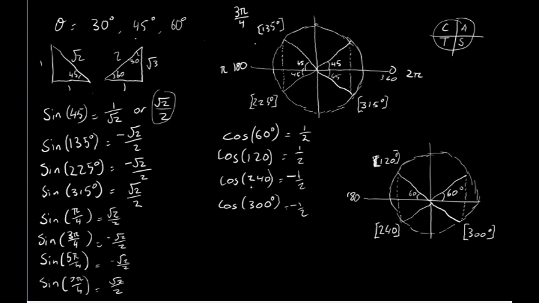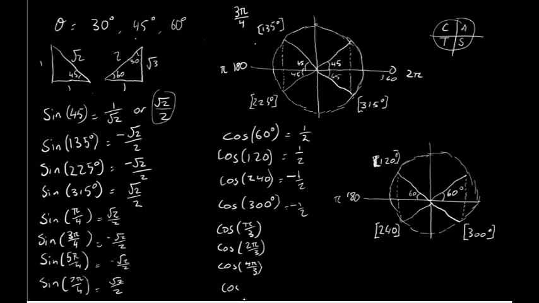And I can do the same thing for cos, except instead of cos 60, I would then have cos pi on 3. Cos of 120, cos of pi take pi on 3. So I would have 2 pi over 3. Cos of 240 is pi plus pi on 3. 4 pi over 3.